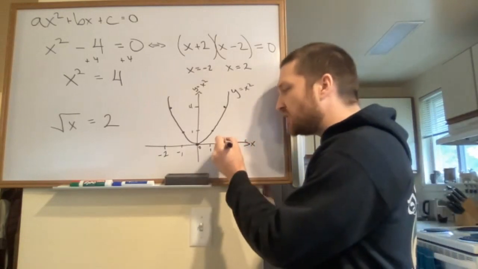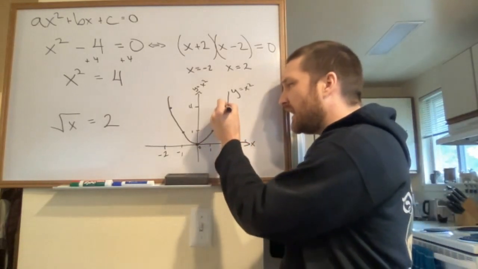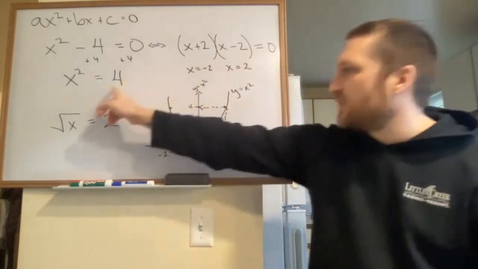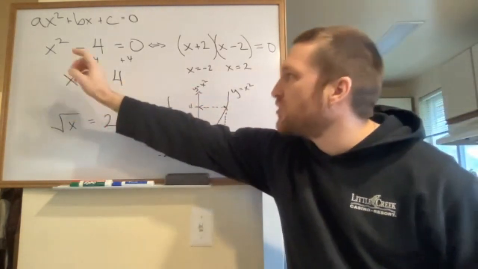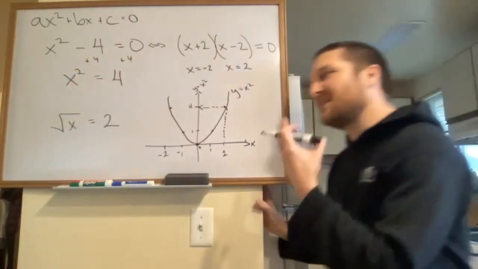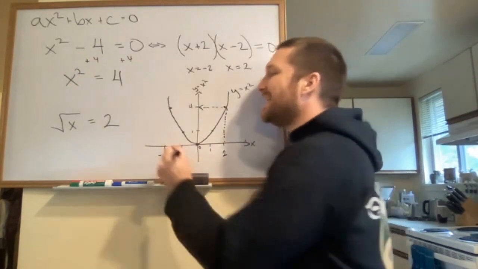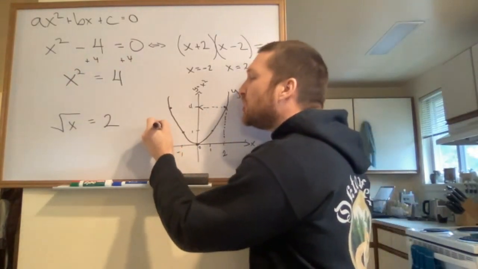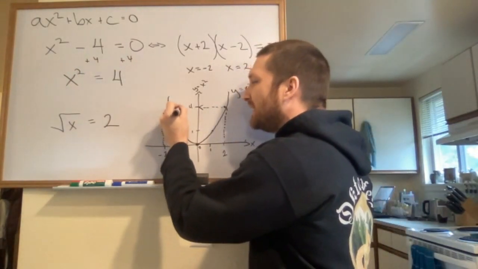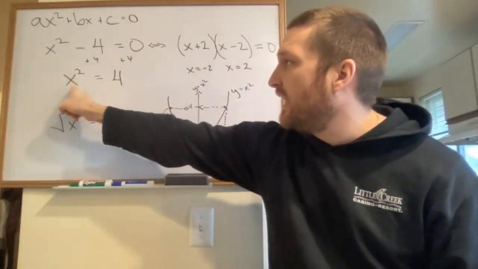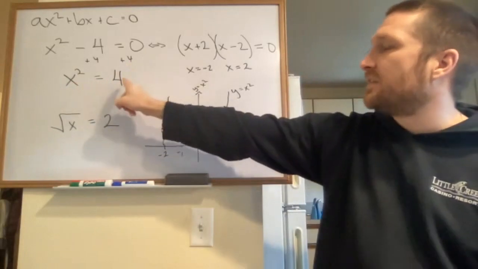It could have been a 2. If I plugged in a 2, then I would have gotten out a +4. Plug in a 2, square it, you get out a 4. What's another possibility that it could have been? -2. It could be the case that I plugged in a -2, in which case, if I squared it, I would have gotten out a +4.